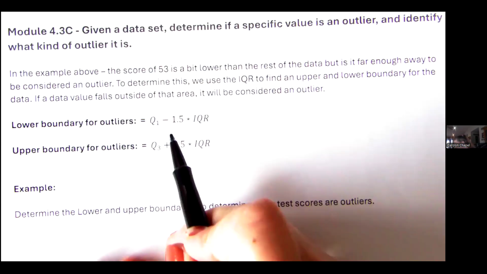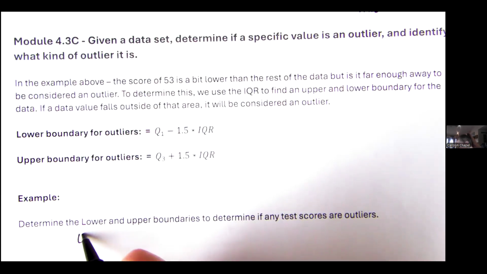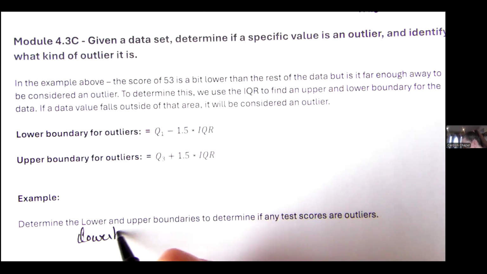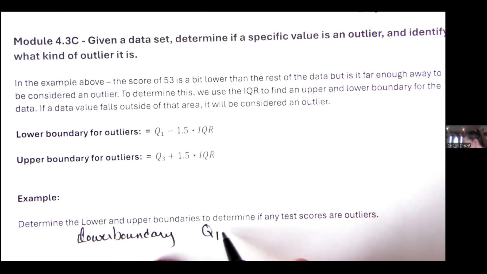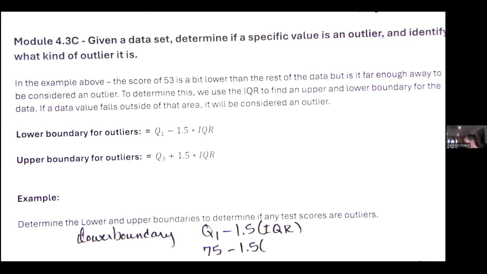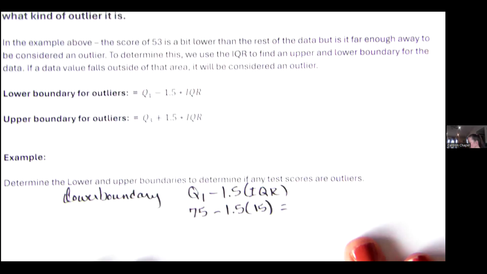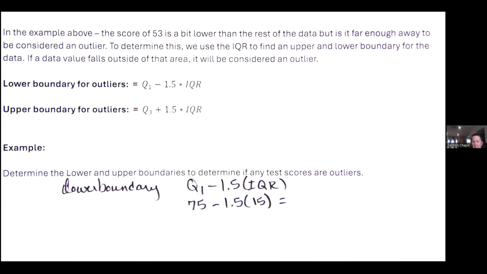So we're going to take our Q1, so our lower boundary value is taking that Q1 and subtracting 1.5 times the interquartile range. Our Q1 was 75, and our interquartile range we had found to be 15. Now, the thing to remember when I'm doing this is order of operations, and order of operations tells me I'm going to multiply first.